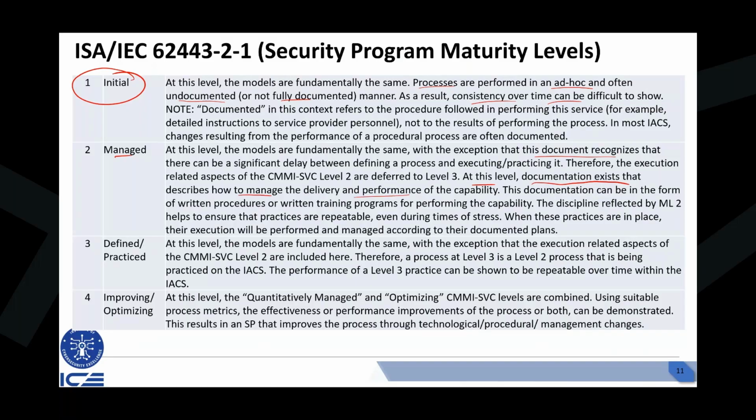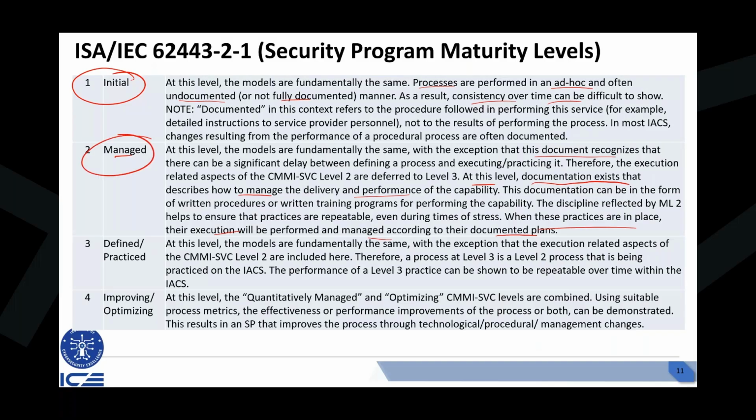When these practices are in place, their execution is performed and managed according to the documented plans. But it's still not where you can guarantee that it's repeatable over time. At least you have documentation in place about what you want to do. If this is where you are in your organization, you are at the managed level of maturity.